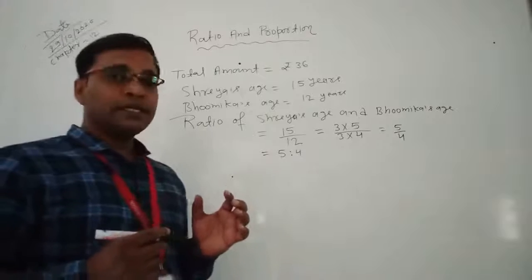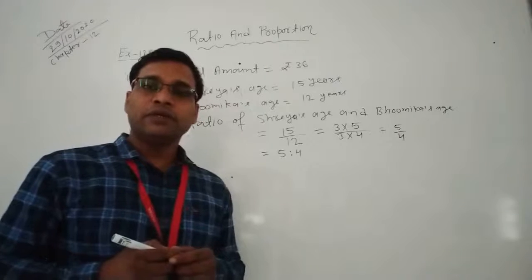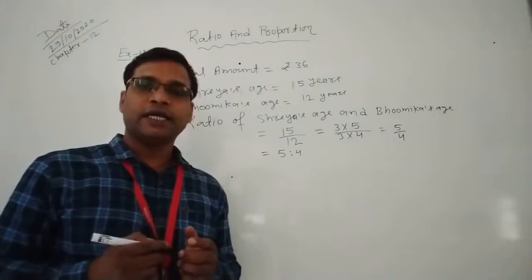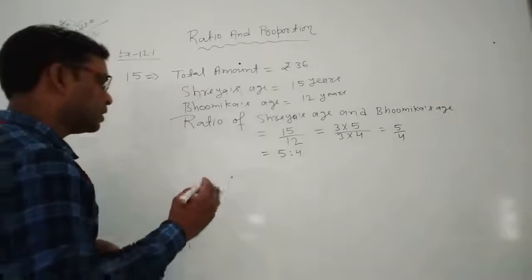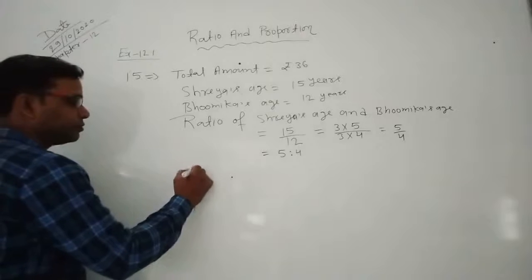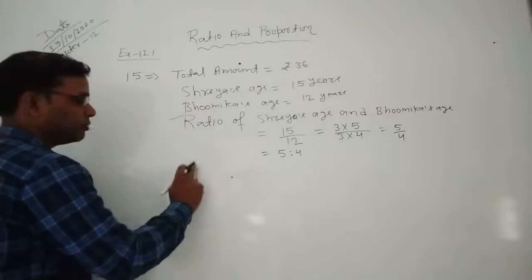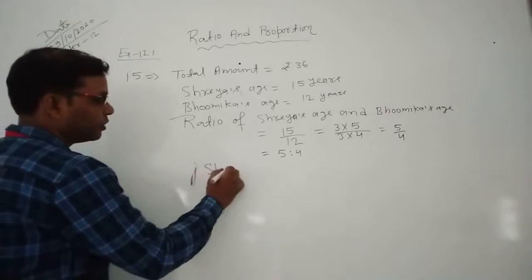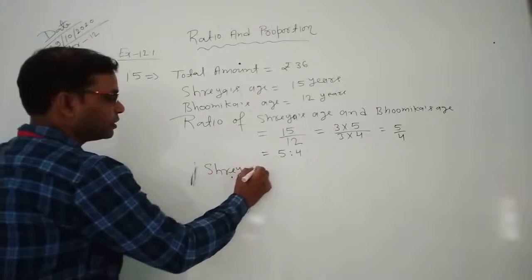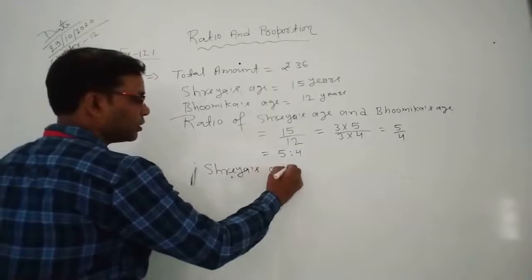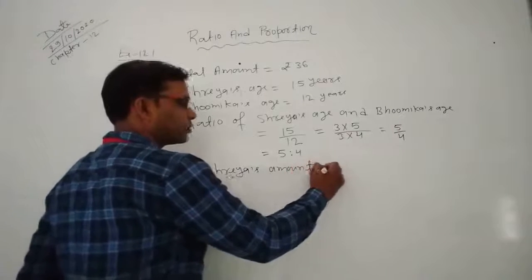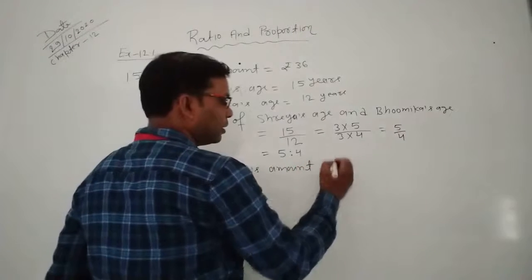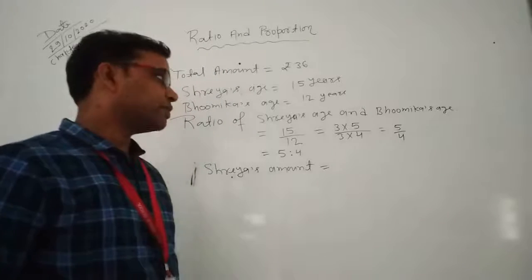Okay, so now we find the amount Shreya will get. Shreya's amount is equal to, before it we find the sum of ratio.